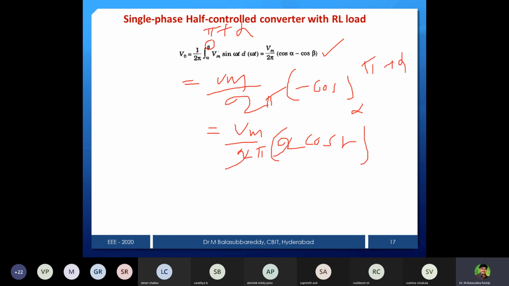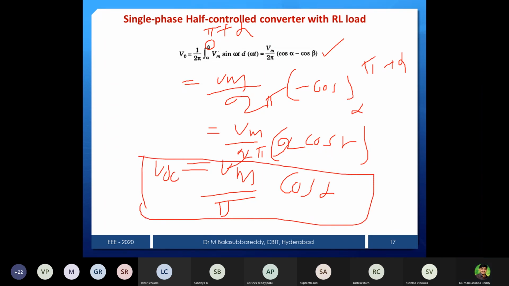Now the 2 gets cancelled out, so your continuous mode of operation gives Vm by pi into cos alpha. This is VDC for the RL load. And for the R load, you notice, VDC is equal to Vm by 2 pi into (1 plus cos alpha).